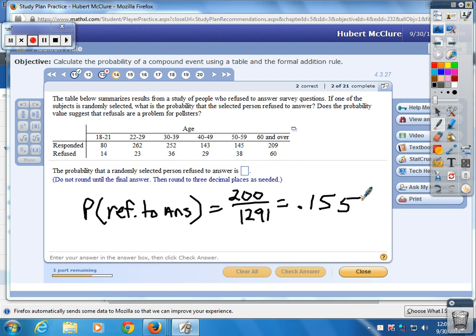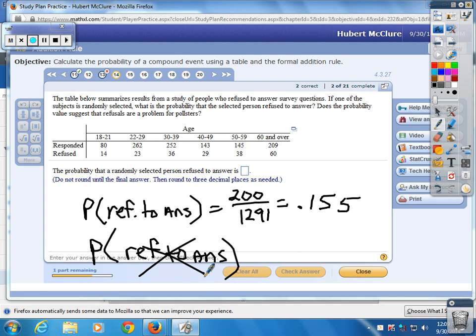Now, what have I said? What about the people that responded? Well, please don't go through and add all these up, because it would be 0.845. It would be the complement. Right? Check it. 845 should be it, unless I can add. So if I did the refuse, what's the opposite of refuse to answer? No, respond.